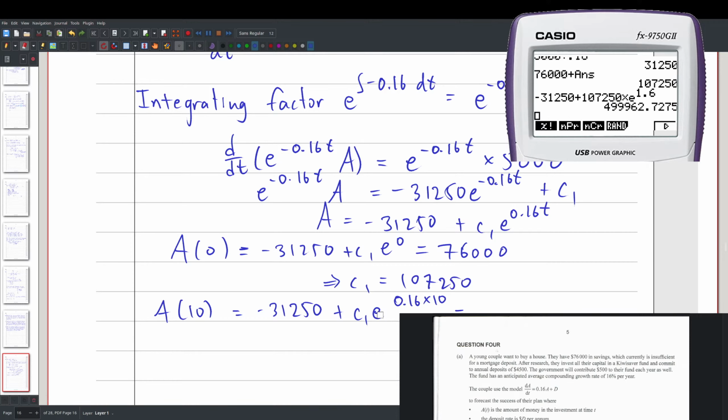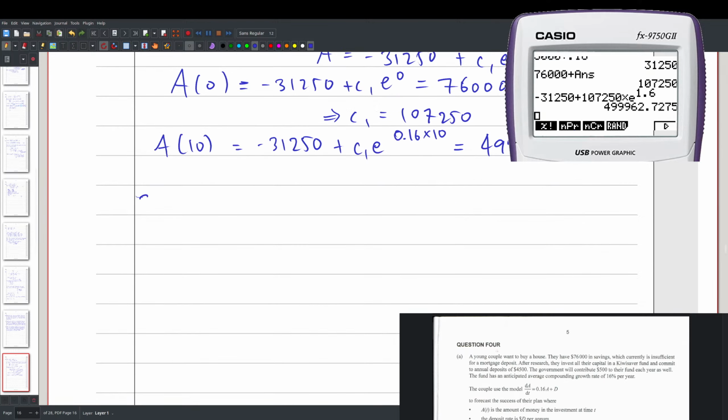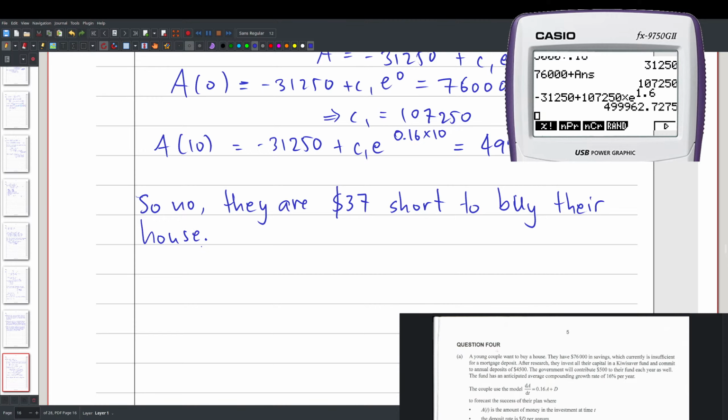These guys got sussed out, bro. So no, they are $37 short to buy their house. Bit unfortunate.